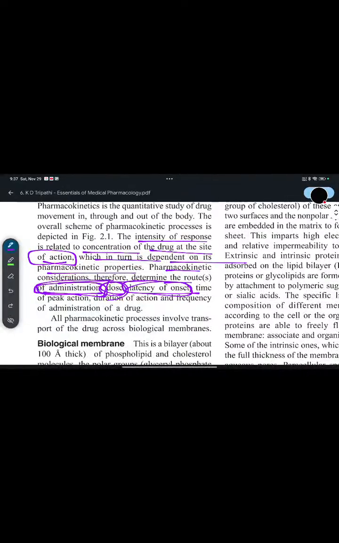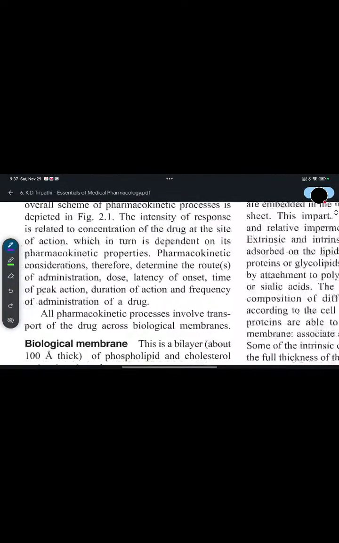So how fast you want the action of the drug, that is onset of action, and time of peak action and duration of action, and frequency of administration of a drug. That means in one day how many times, or the number of doses, you have to take in one day, that is frequency of the drug. Okay, so all these things are totally related to pharmacokinetics.